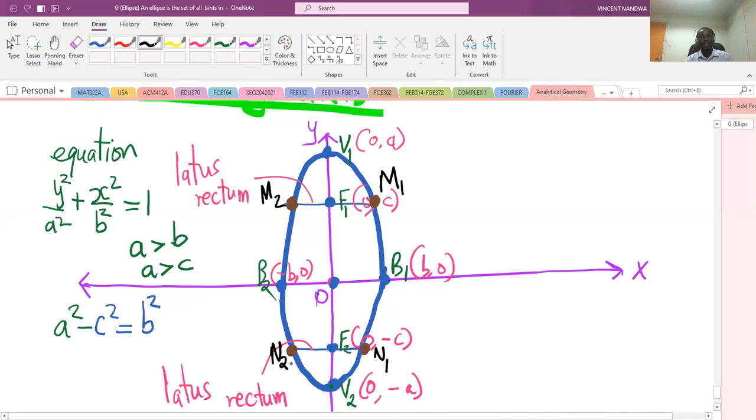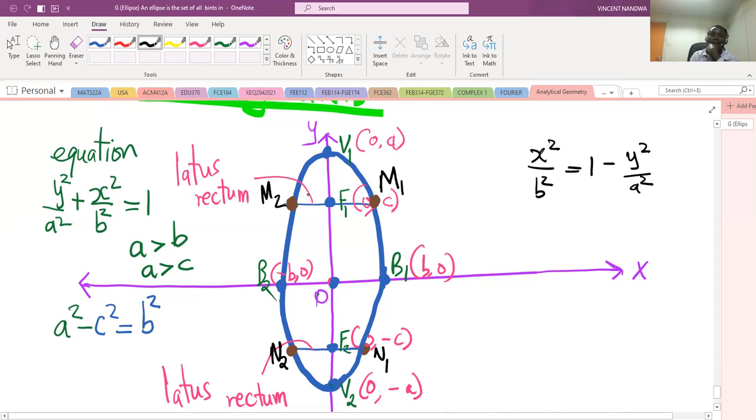What will help us to know the coordinates of these endpoints, M1, N1, M2, and N2, is the value here. For this horizontal line and this horizontal line, every value of y is fixed. So x squared over b squared from this equation is 1 minus y squared over a squared.